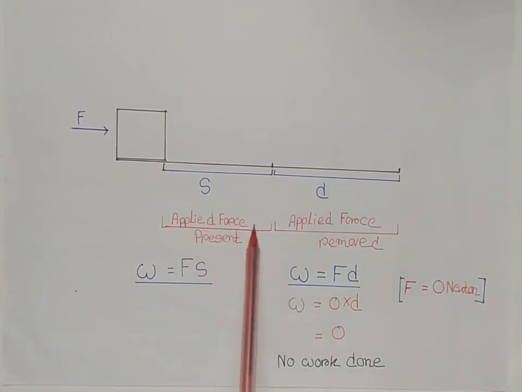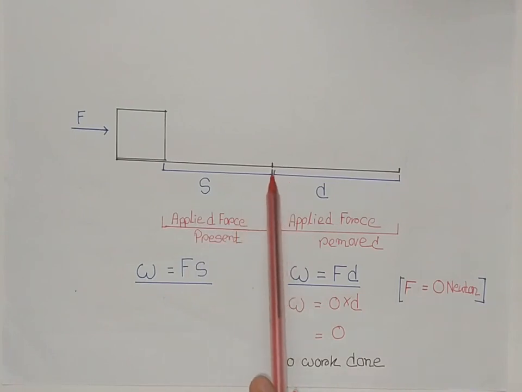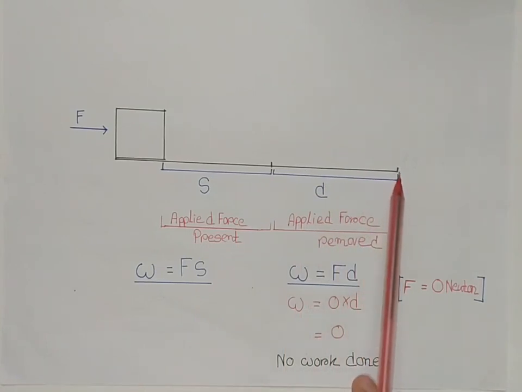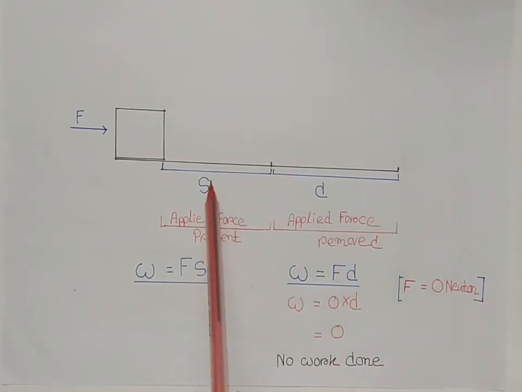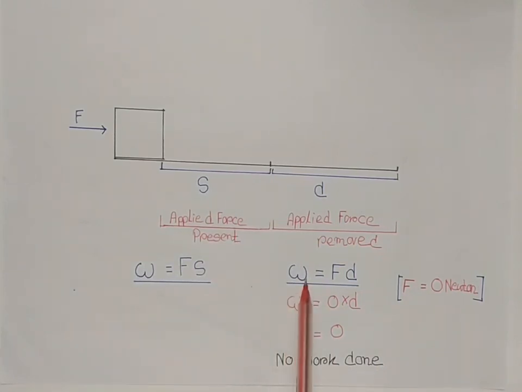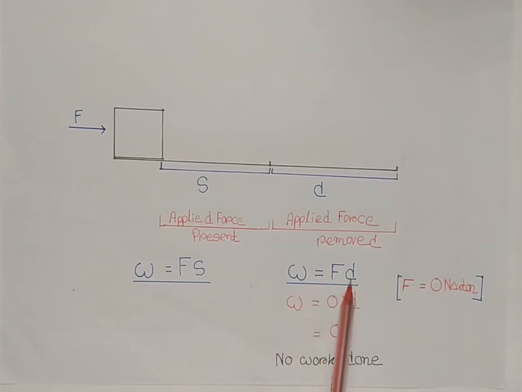Here applied force is present up to this point and applied force is removed here and is absent in this duration. So in the first case, W equals Fs. So work is done. And in this case, W equals Fd.